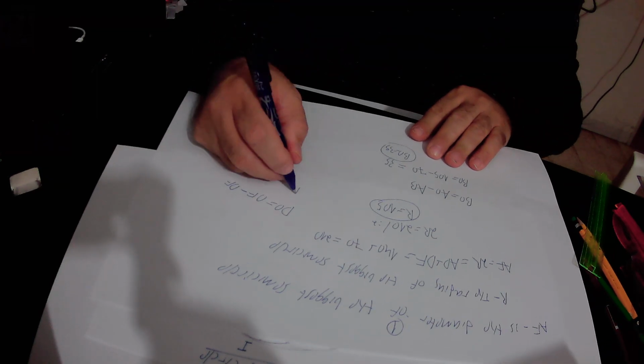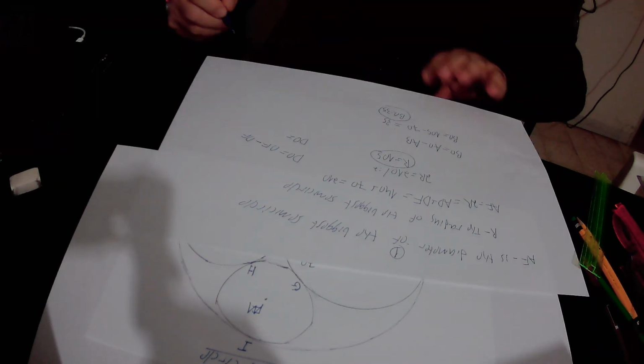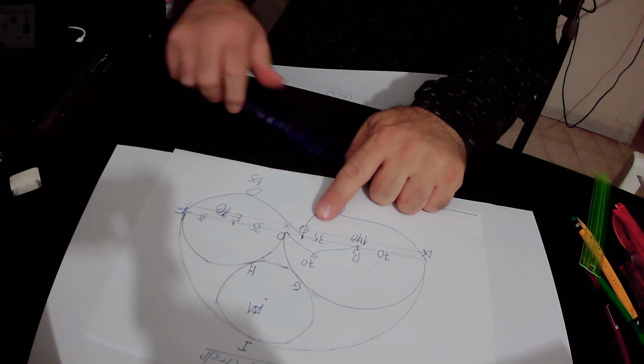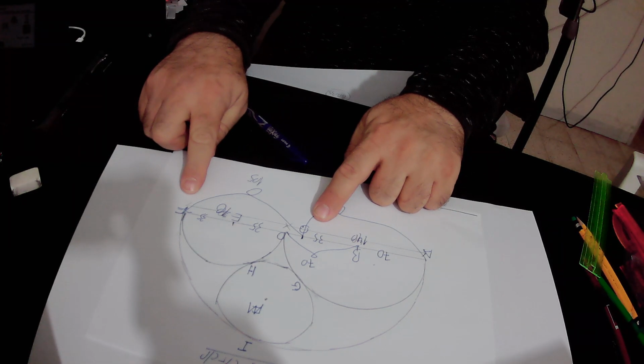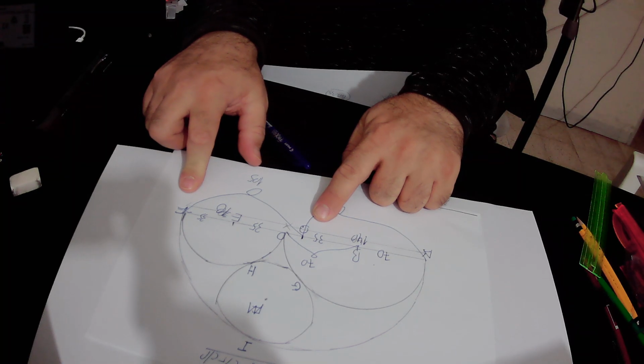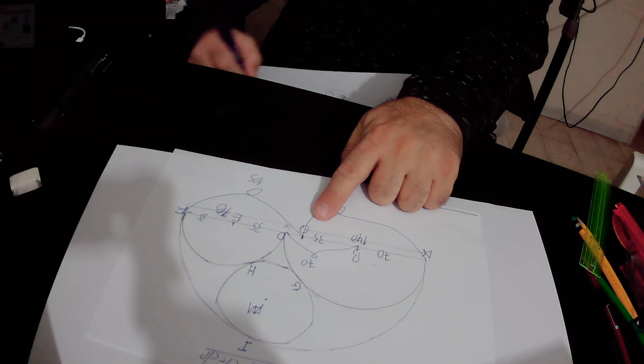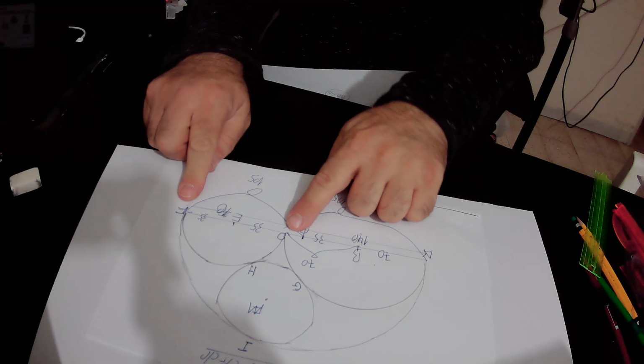So DO equals OF. Here I wrote that OF equals 105 units, the radius of the biggest circle. So we substitute OF by 105 minus DF.